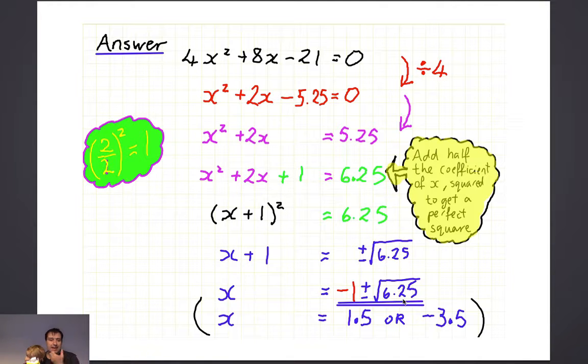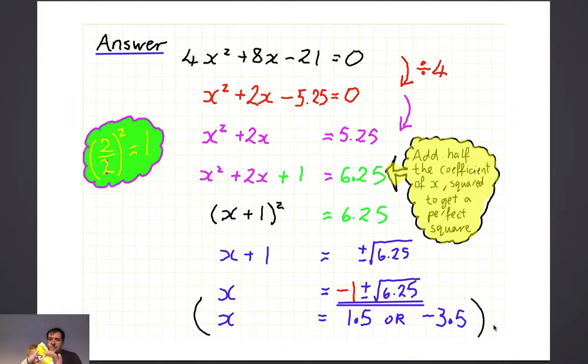And you work that out and it's fairly neat, 1.5 or minus 3.5. But in fact the question did say leave the answer in surd form, so you don't even need to get that far.